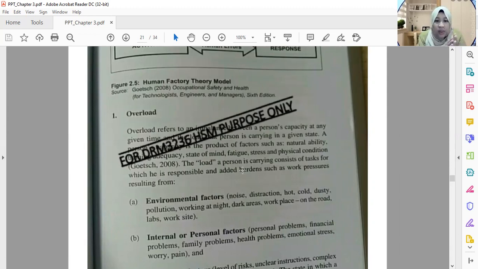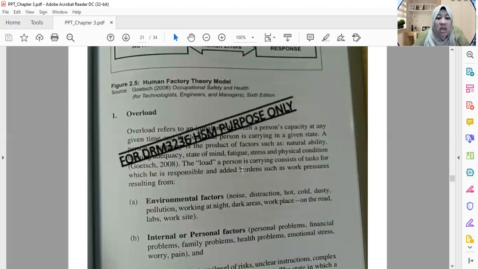So they say in here, a person's capacity is the product of factors such as natural ability, training adequacy, state of mind, fatigue, stress, and physical condition.